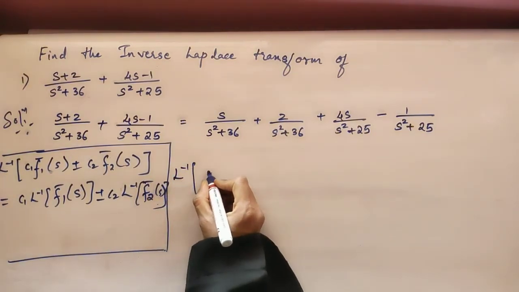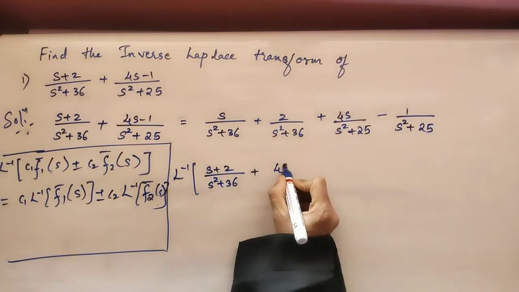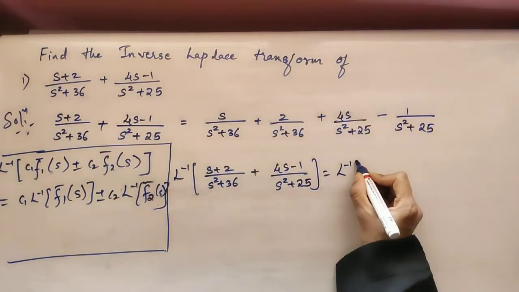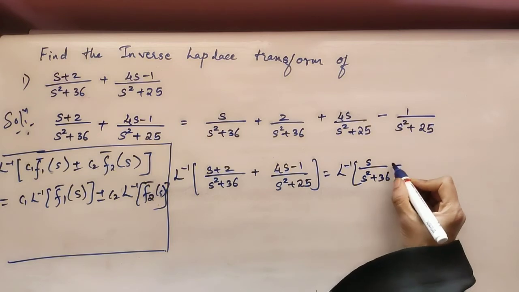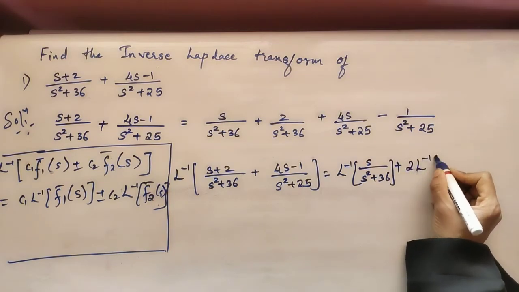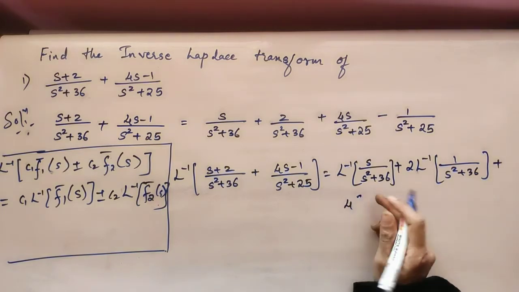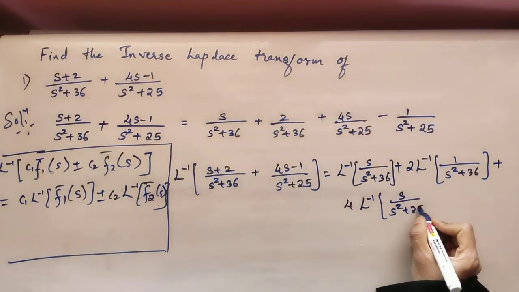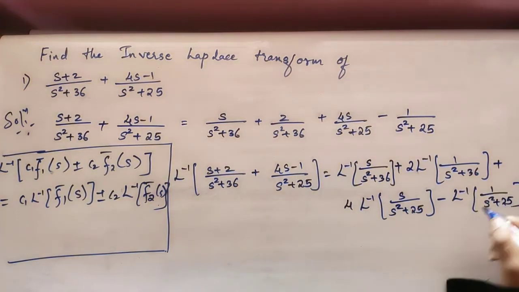So inverse Laplace transform of s plus 2 divided by s square plus 36 plus 4s minus 1 divided by s square plus 25 can be written as L inverse of the first term, s divided by s square plus 36, plus, because 2 is constant, write it outside, 2 L inverse of 1 divided by s square plus 36, plus, again 4 is constant, write it outside, 4 L inverse of s divided by s square plus 25, minus L inverse of 1 divided by s square plus 25. This is what you get.